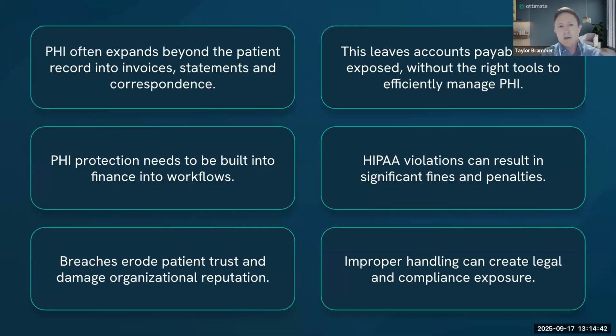PHI can be super easy to miss, and sometimes it can be hard to define. I know that healthcare organizations have resources to help define that. But historically, the mid-market healthcare, which is where we focus, hasn't really been supplied with the right tools to manage this, outside of the EMR or beyond the clinical side.